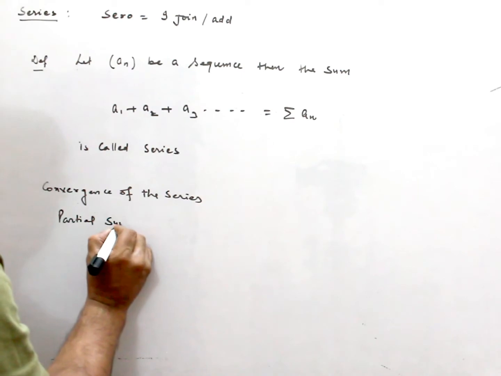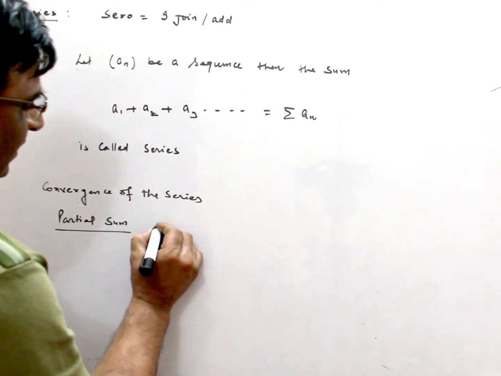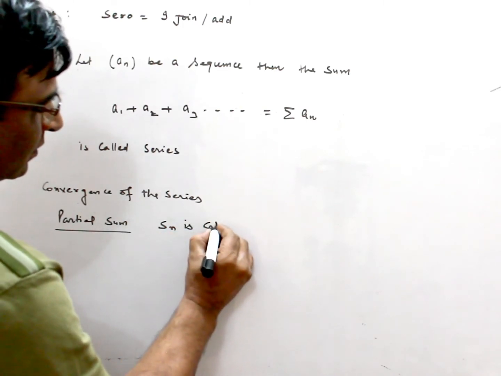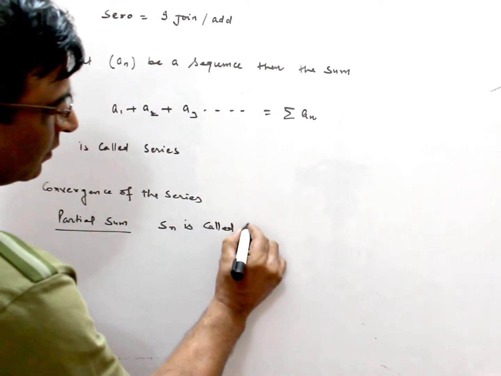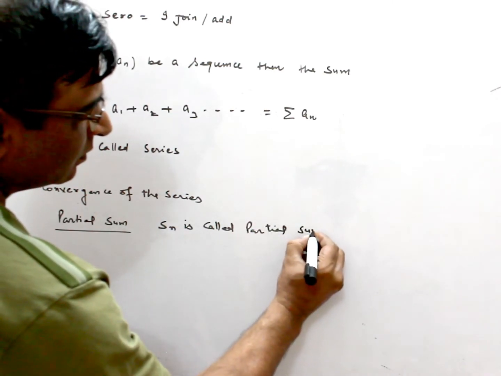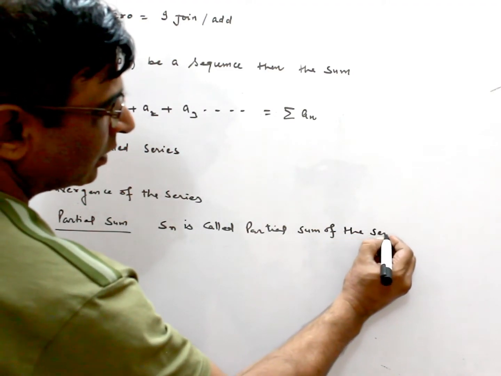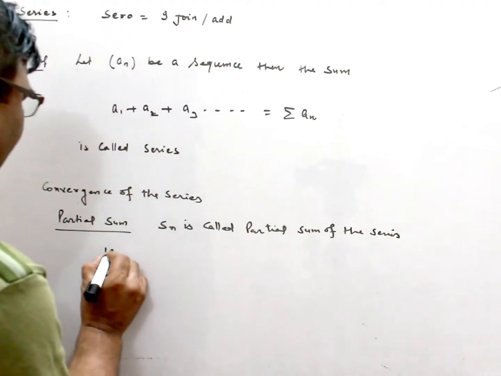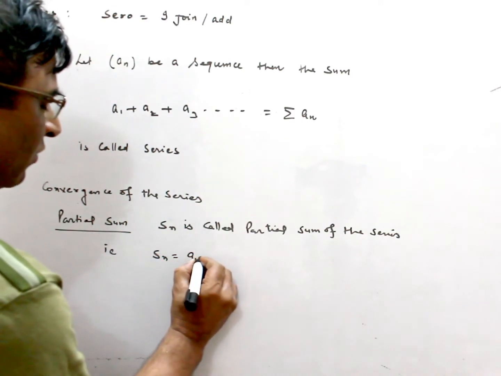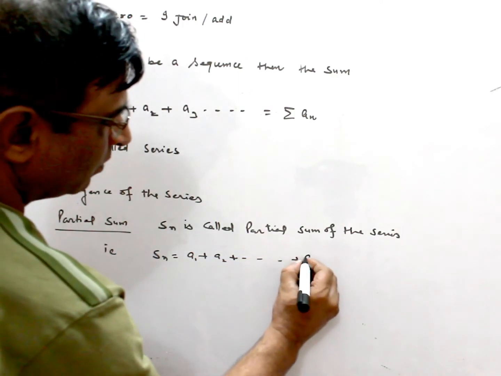Partial sum Sn is called the partial sum of the series, that is Sn is equal to A1 plus A2 plus so on up to An.